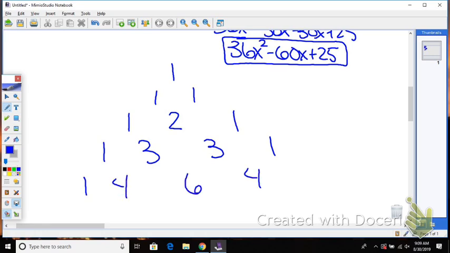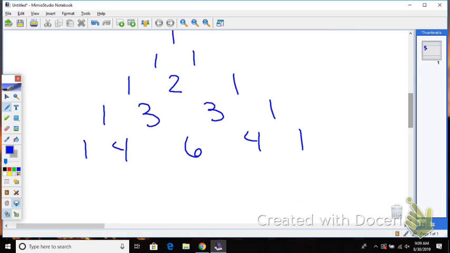6, 4, 1. Okay, so when you're creating Pascal's triangle, all you're doing is adding together the pieces. So starting with the third line, you always have ones on the outsides, and then you add together the middle to get the numbers. So this is where we got the 2 from, these 2 ones right here.